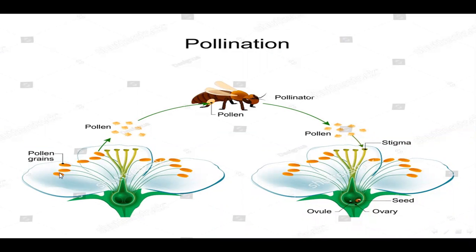These are the pollen grains when they move, and when this bee visits a flower, the pollen grain gets stuck to the bee, and when the bee travels to another plant of the same type, the pollen grain falls onto the stigma and pollination takes place.